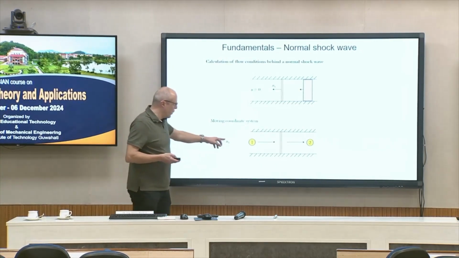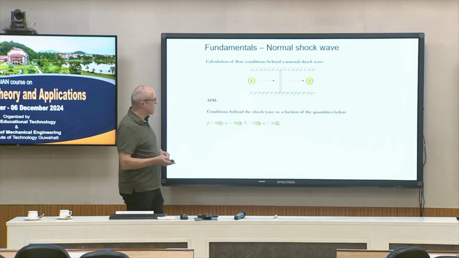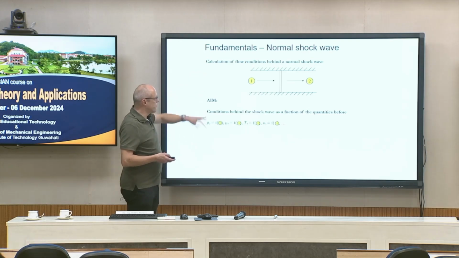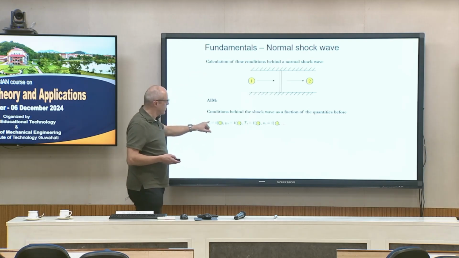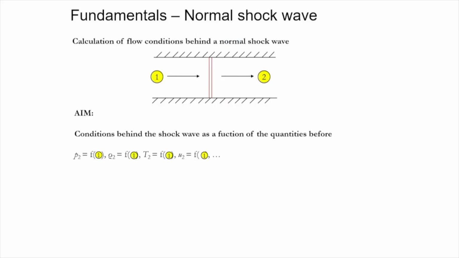And of course the velocity, but this is not so much of interest. So when we look at this configuration, is it possible to determine the pressure, the density, the temperature, the velocity behind the shock wave?